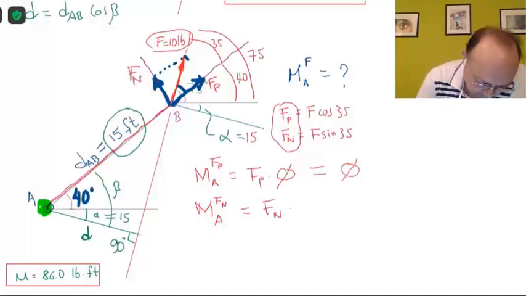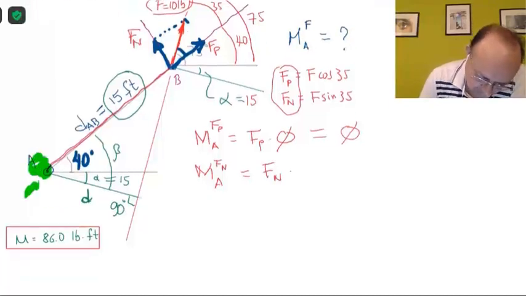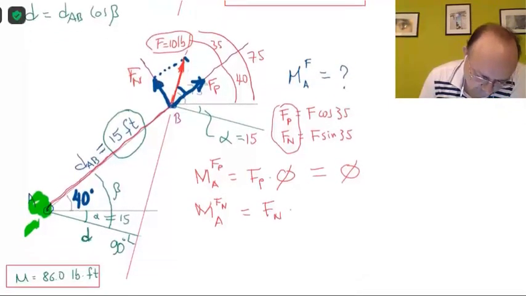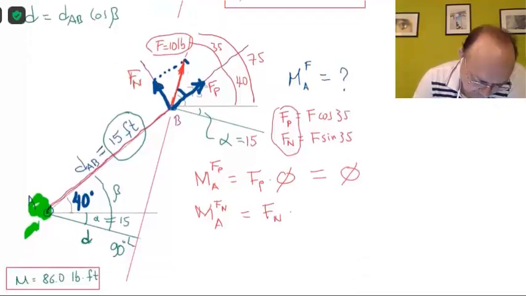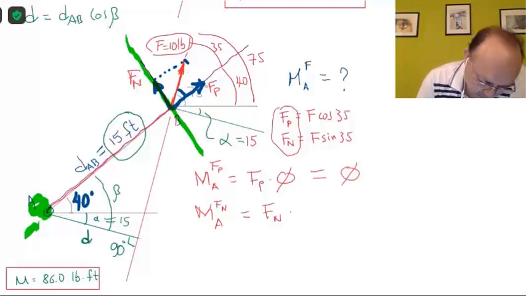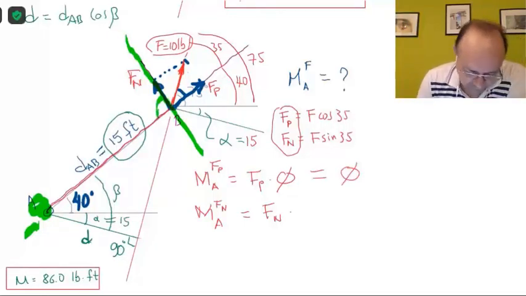That will be point A again to the line of action of Fn. That will be this line here. Because of the construction that we made, this angle is 90 degrees, right? Because we made Fn perpendicular to AB.